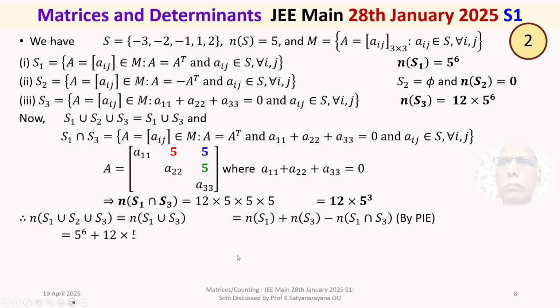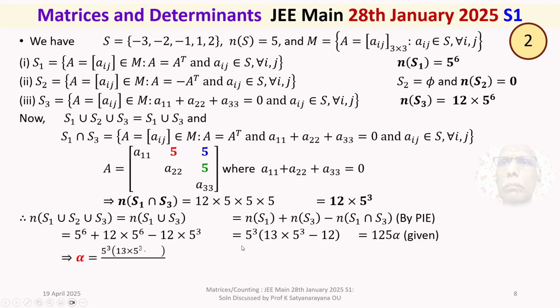Just substitute. In all these terms, you find 5 cube common: 5 cube into (12 plus 1) into 5 cube minus 12, that is 13 into 5 cube minus 12. This is given to be 125 times alpha, and we are required to find the value of alpha.